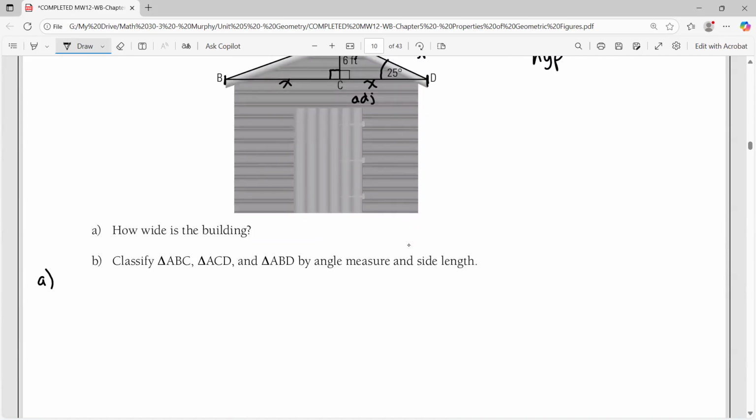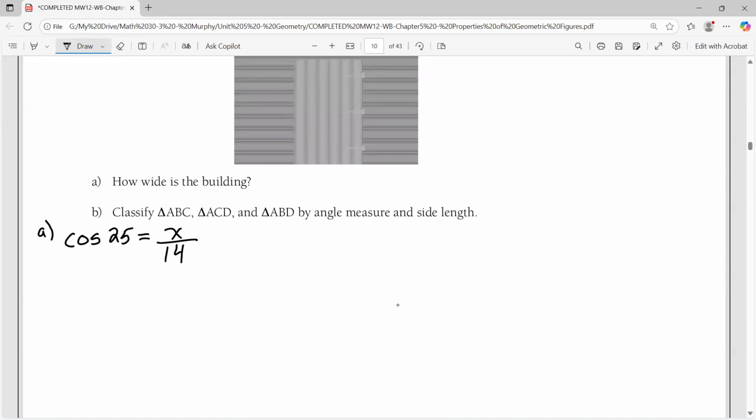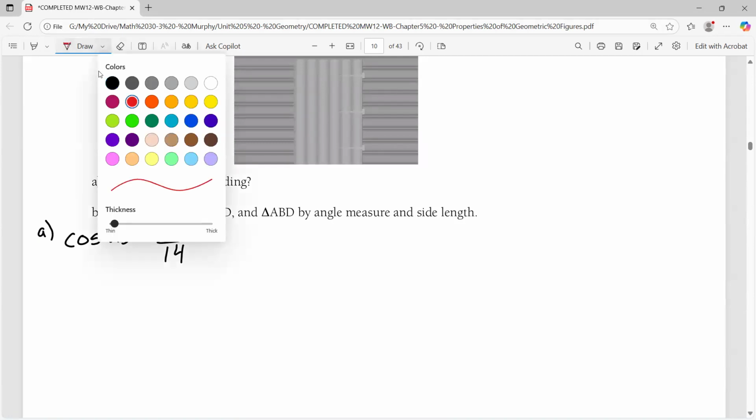So down here, I'm going to go cosine 25 equals, now instead of adjacent, I'm going to go x, because that's the piece we're looking for, and the hypotenuse of 14. And then to solve from here, it should be one step. I'm just going to multiply by 14 on both sides.